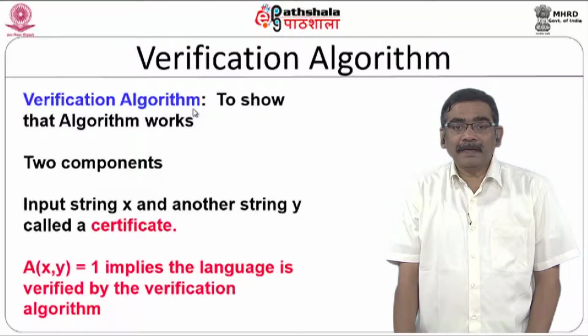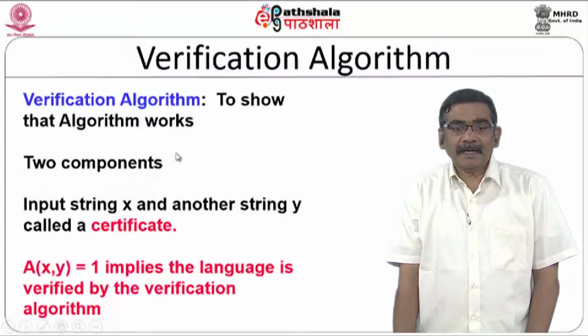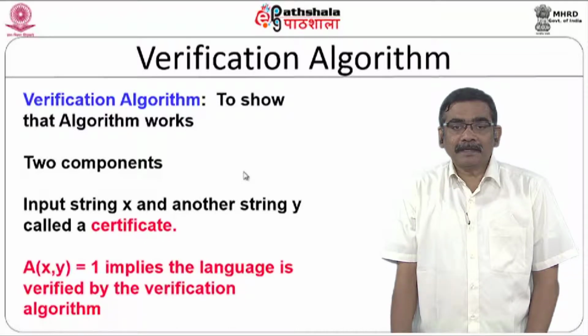Suppose I find one instance or one witness that says the number is not a prime number, then all the effort to generate that long prime number becomes a waste. In other words, verification is very crucial. A verification algorithm has two components. One is the input string x and another is the string y that we call the certificate. What is a certificate? For example, in primality testing, a prime number is a number that is divisible only by itself and 1.